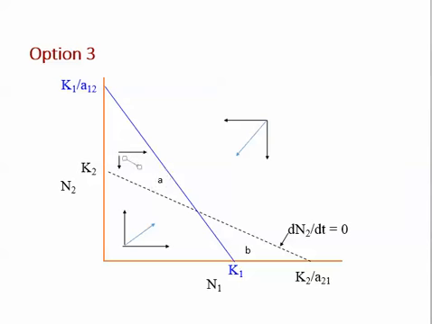And down at B, you have just the opposite: you're below the species 2 zero net growth isocline, and so populations of species 2 would increase, but you're above the zero net growth isocline for species 1, so they would tend to decrease, and you'd have a trajectory that moved in this direction. This means that this then becomes a stable equilibrium with two species coexistence, and that we have an unstable equilibrium.